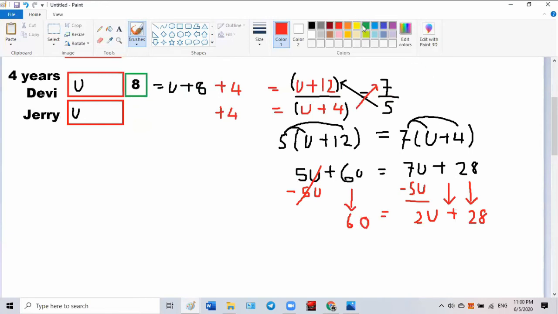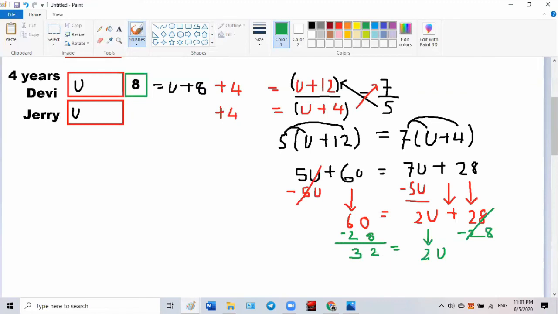The next step is we take away 28 on the right hand side, so that is zeroized. We just have 2 units on the right hand side, and we take away 28 on the left hand side, making 2 units equal to 32.